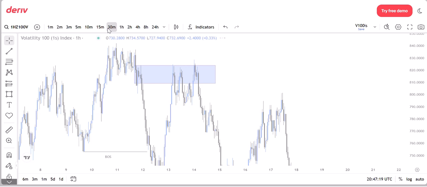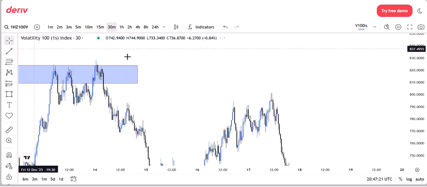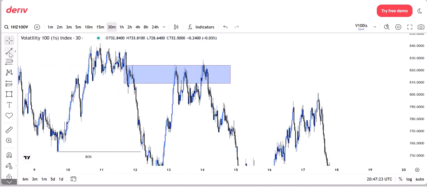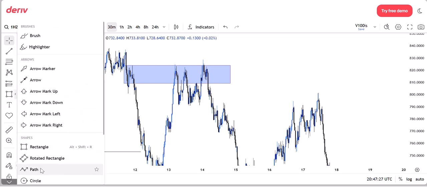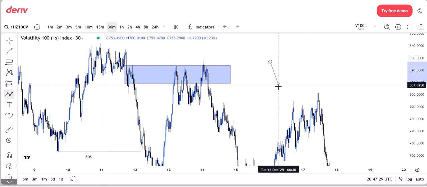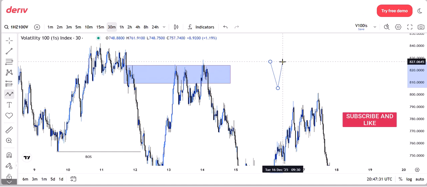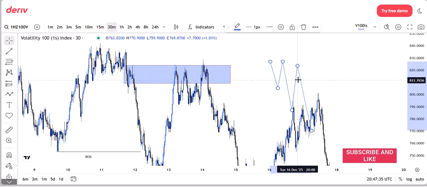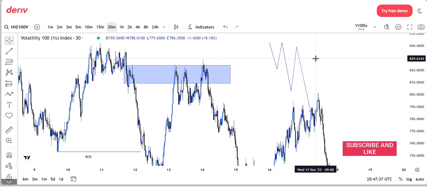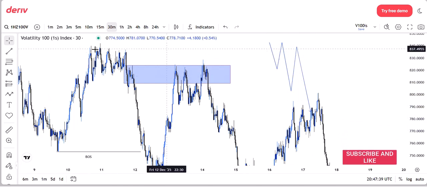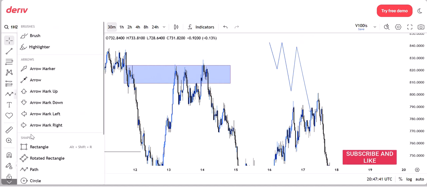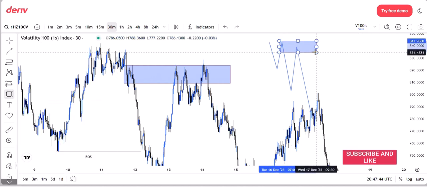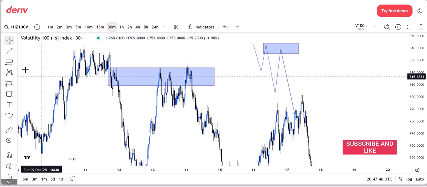Remember our entry model? Our entry model is a change of character and break of structure in the lower time frame. We are expecting to see something like this: a break of structure, and then this. This is what we always look for as the 4 hour entry model.